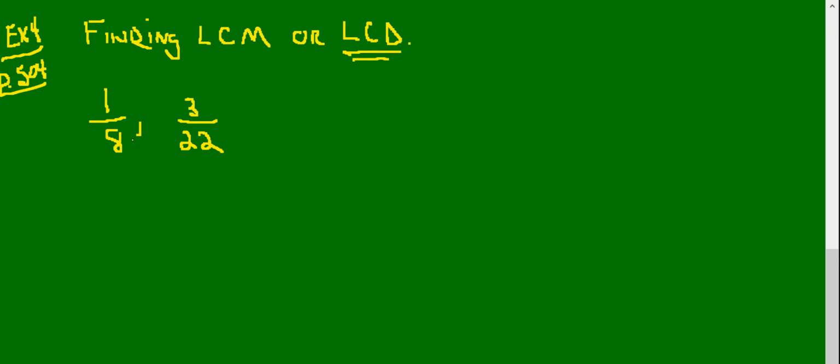So with a situation like 8 and 22, well, they're not multiples of each other. And so what I could do is multiply this 8 by 22, and then I could multiply this 22 by 8. And I'm creating these denominators to be the same.